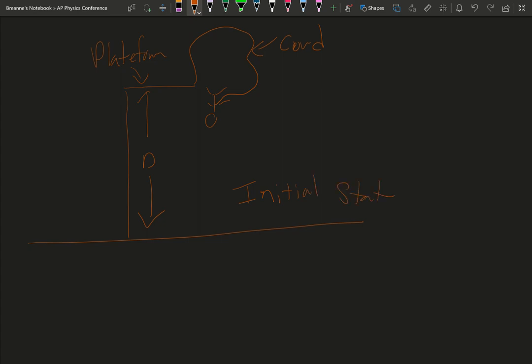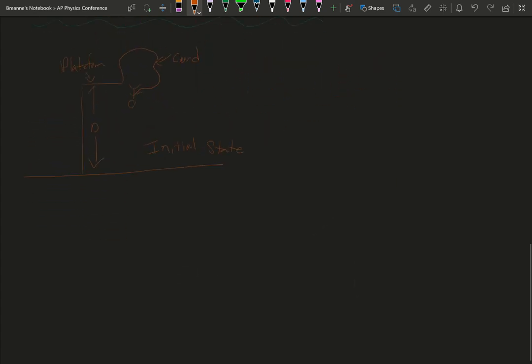state. Then it gives you another situation. Still says that this is distance d. This is still the platform. But now the person is all the way down here.